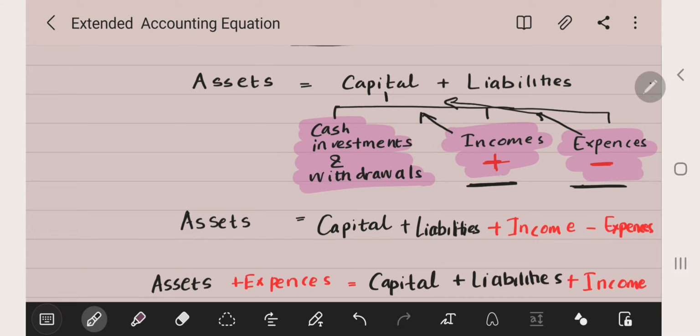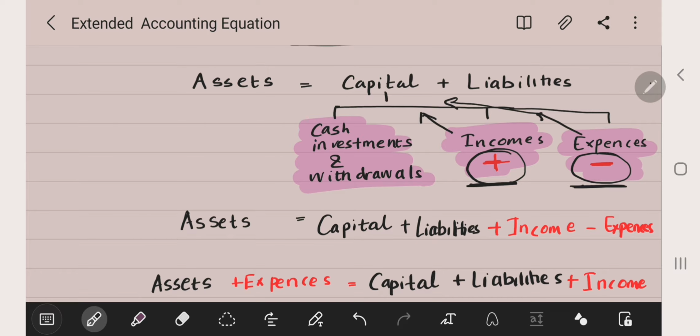So here I am denoting a plus sign to show that income will increase the owner's capital, and I am putting a minus to the expenses to show that they will decrease the owner's capital in the business.